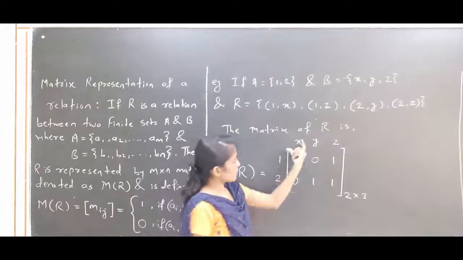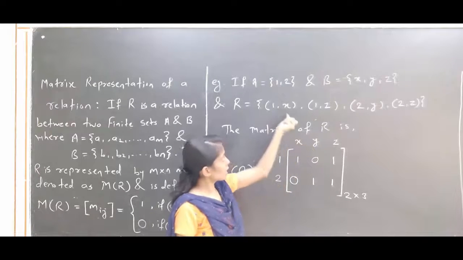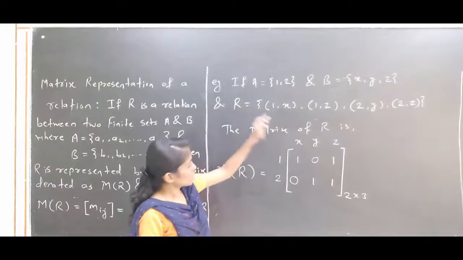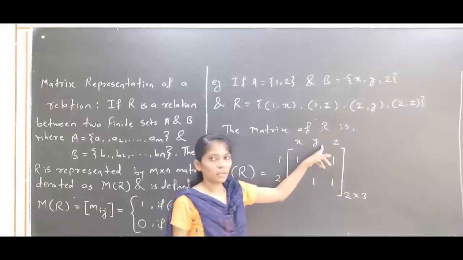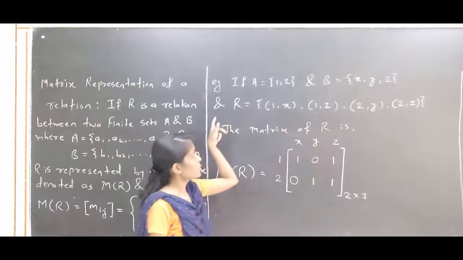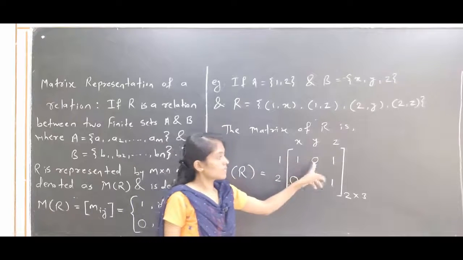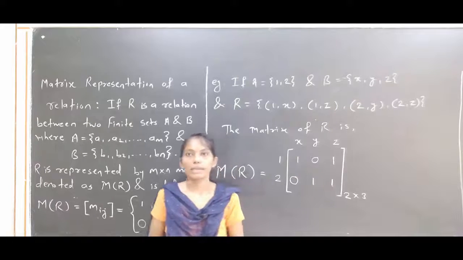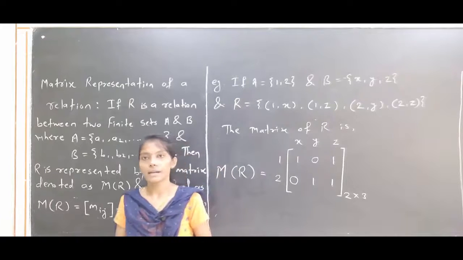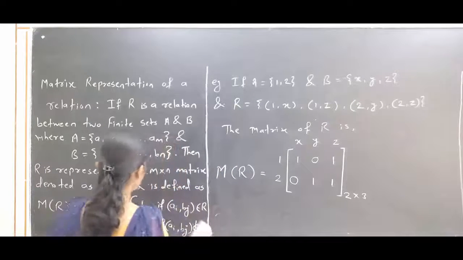So here the pair 1x, that is 1 is related to X, belongs to relation R, so we mark this entry 1, and 1 is not related to Y, that is ordered pair 1y does not belong to R, so mark this entry 0. So in this way we represent the matrix. All of you get it? Okay, now we take the next example.